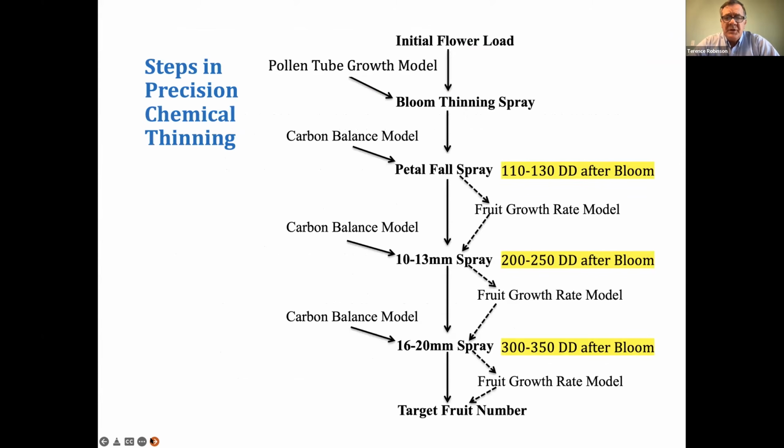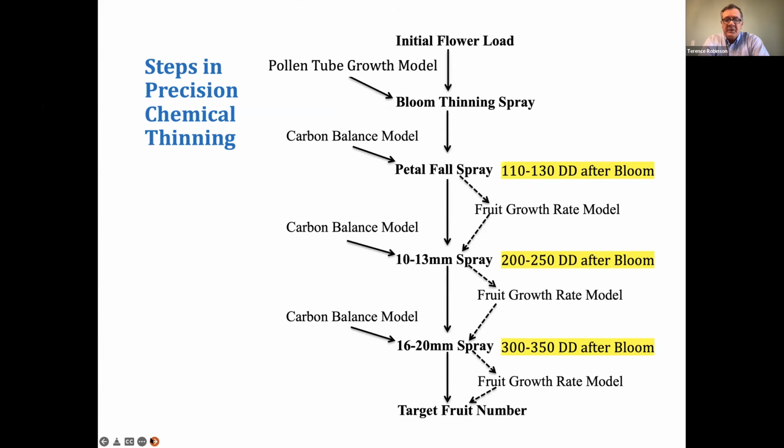Now, how do we use it? We try to time each one of the 3 post-bloom sprays based upon temperature degree days after bloom. So in recent years, we've been telling people, watch the carbon balance model, run it every day. And then when you get close to the 110 degree days after bloom, try to find a day to apply your petal fall spray.